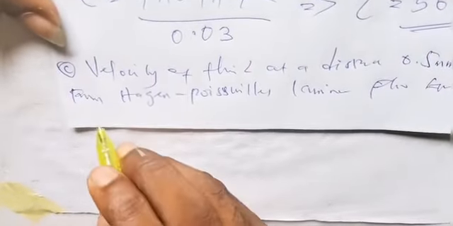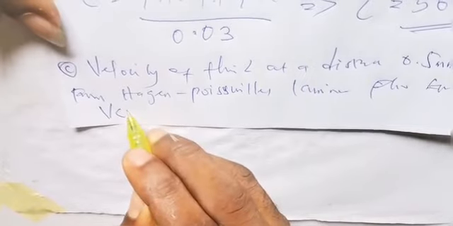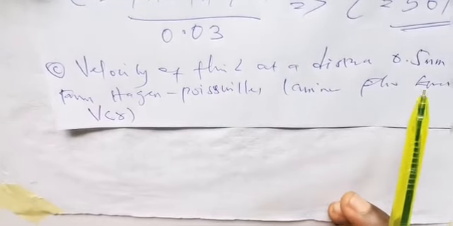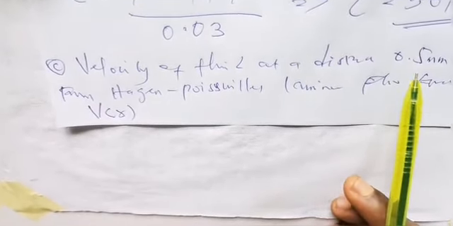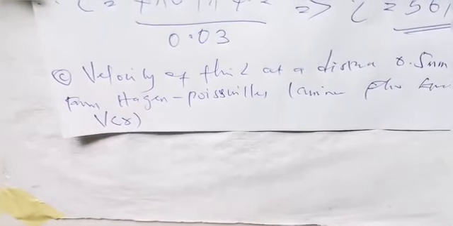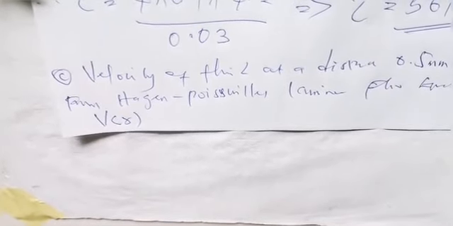Alright, the equation simply says that the velocity at a distance, in this case r, because the distance is the radius of the given pipe, 0.5 millimeter. Since it's a pipe and it has diameter, distance becomes radius along the radial axis.